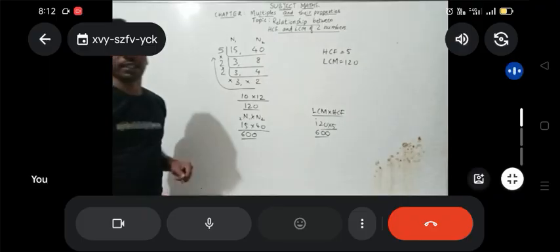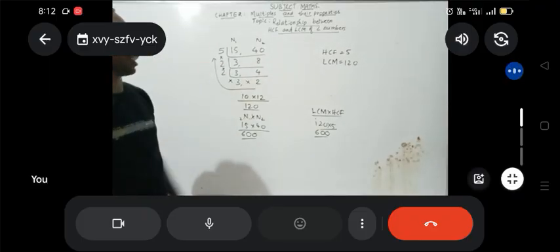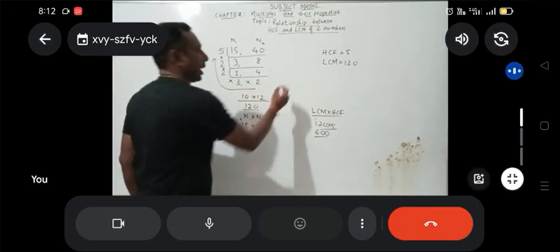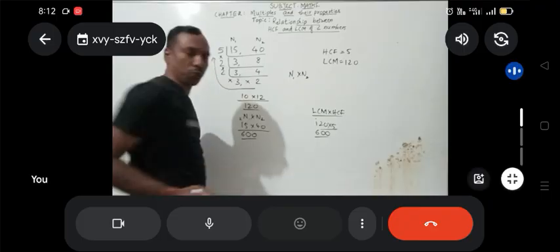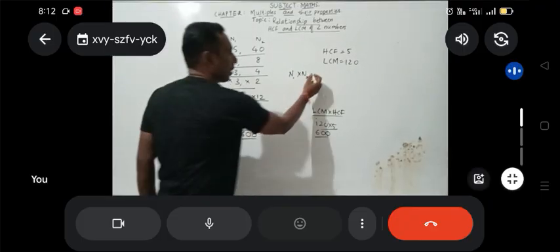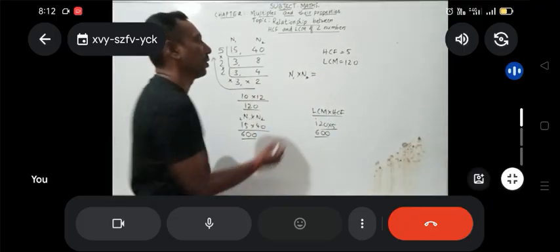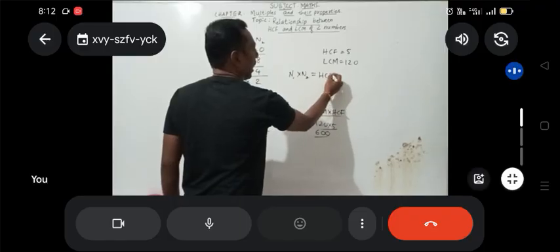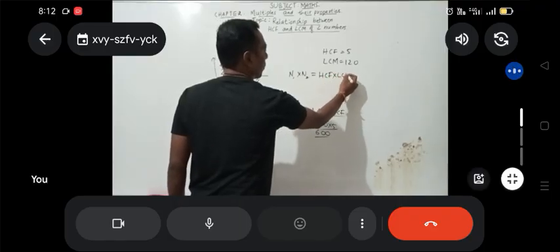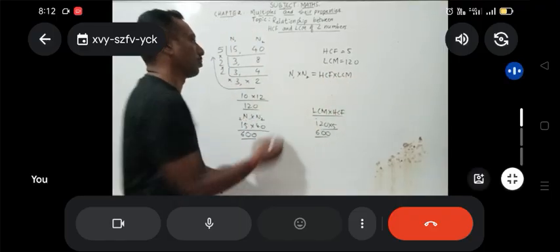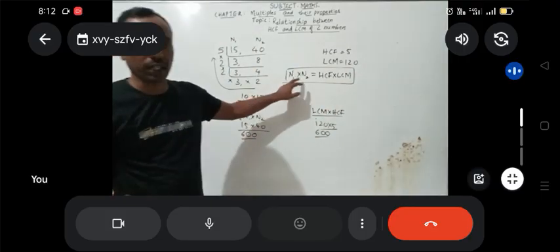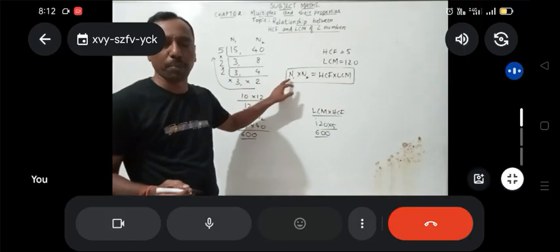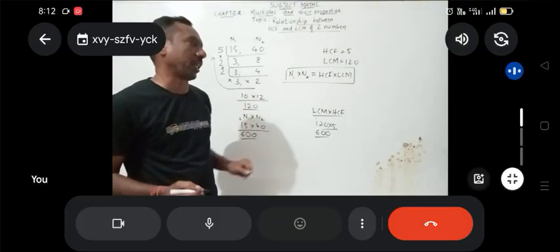So you can state the relationship between the HCF and LCM of two numbers as: number 1 multiplied by number 2, the product of those two numbers, will always be equal to the product of HCF and LCM. You multiply number 1 and number 2, you get a product.